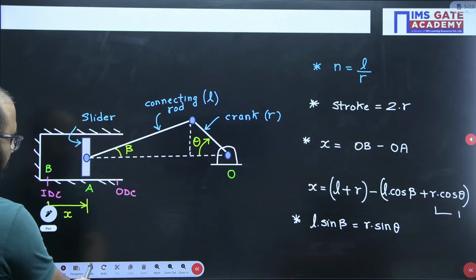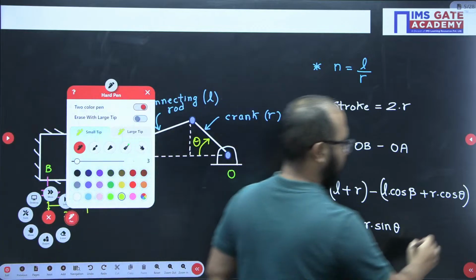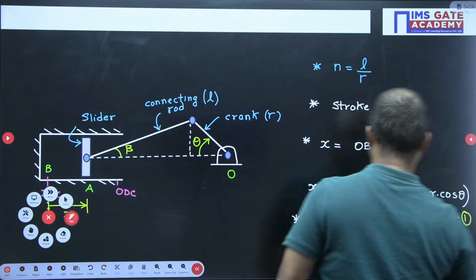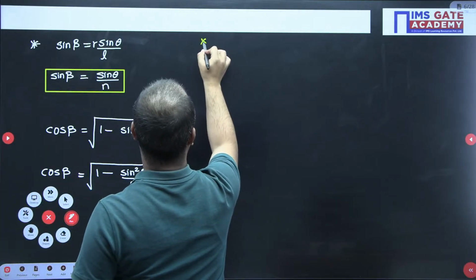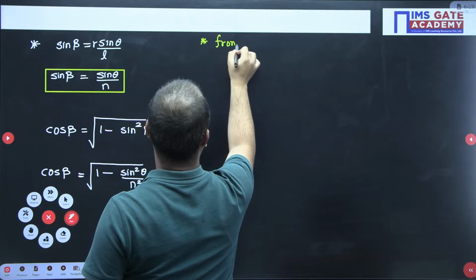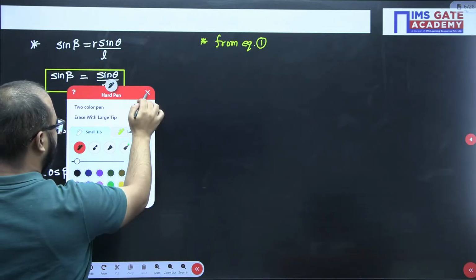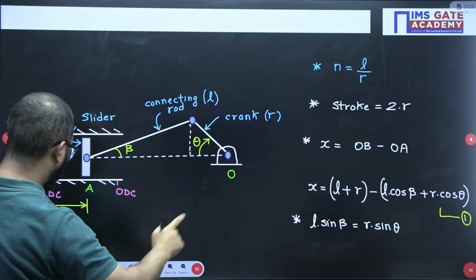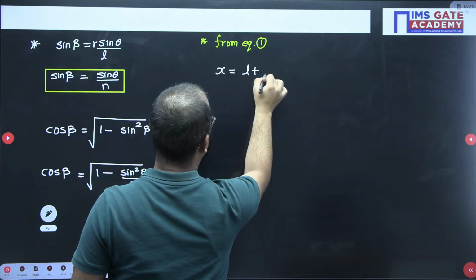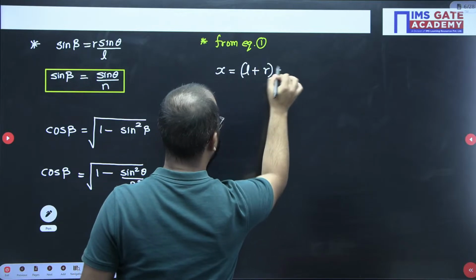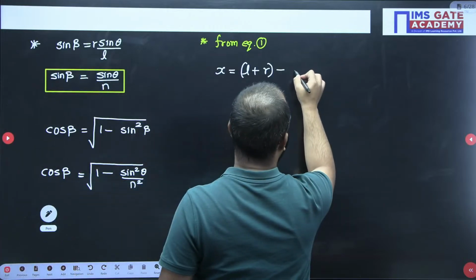So let me write with a different color here. From equation 1, x value equals L plus R minus L cos beta.